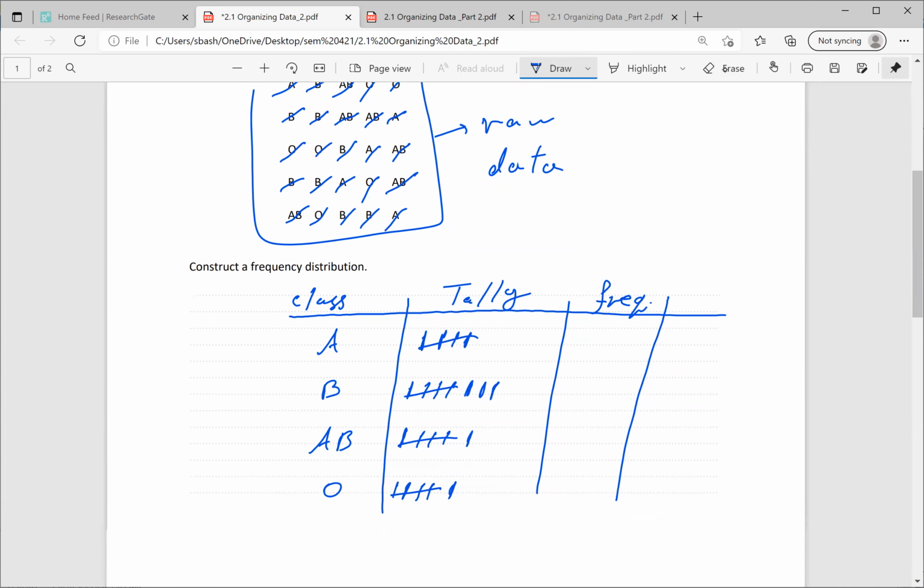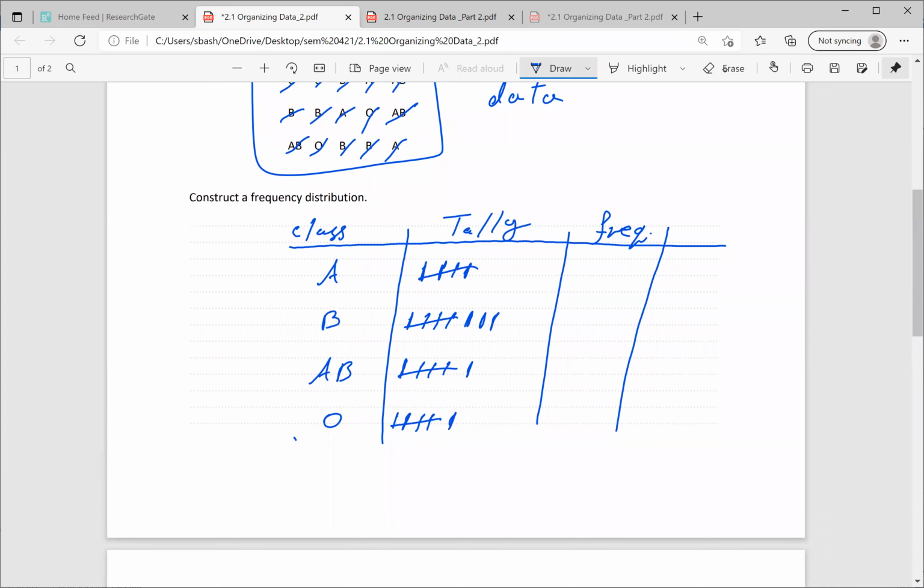Now I need to write the frequency. So I will count how many bars for each class. For A, I have one set, which is 5. This is the frequency. I have 5 students with blood type A. For B, I have 5 plus 3, which is 8.